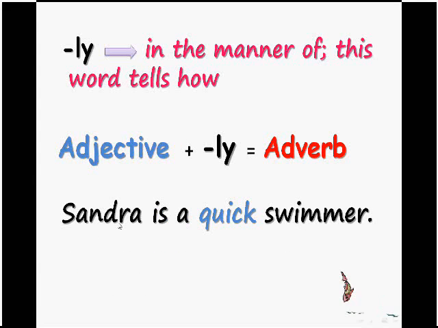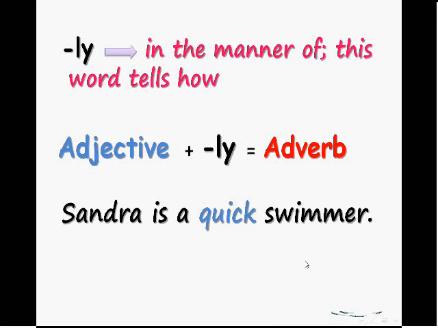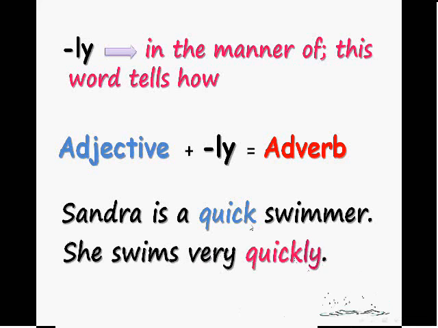Like, if we have this sentence, Sandra is a quick swimmer. Of course, here, quick is the adjective, and of course it means fast, yeah? So it means that she swims what? She swims very quickly. So I have here the adjective, which is quick. And then when I wanted to describe the way she swims, I said quickly.